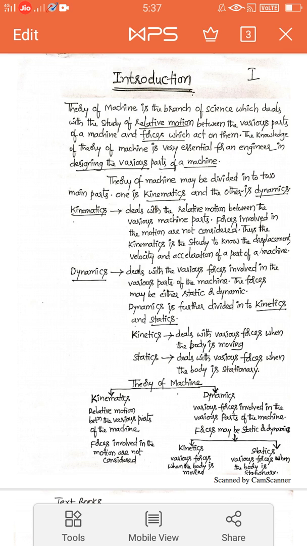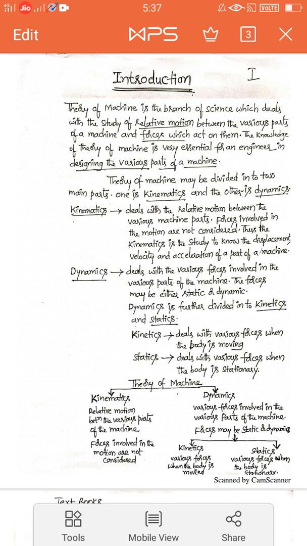Kinetics means the force which we evaluate whenever each and every part of the machine is in motion, or whenever each and every part is moving.